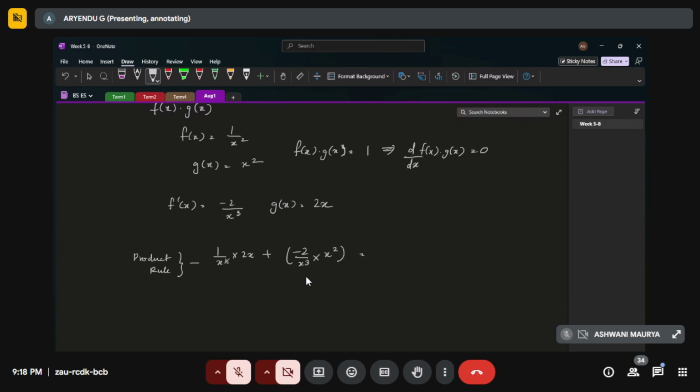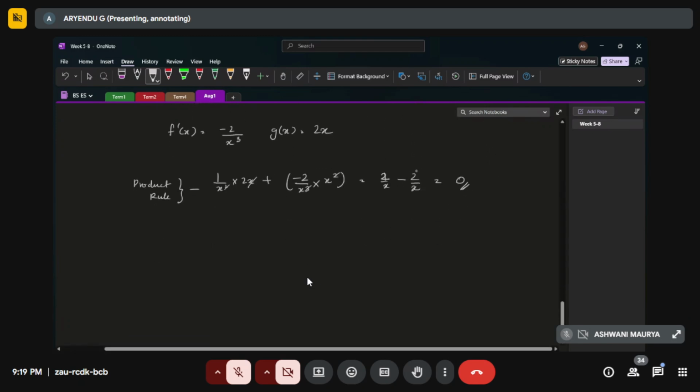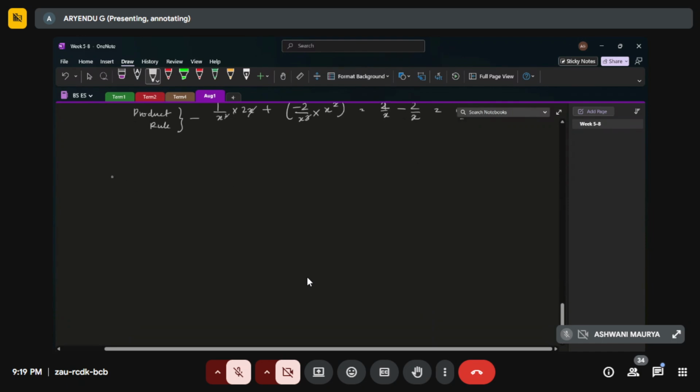And if you do that, you can see that we will get 1 by x minus 2 by x. Where did I make a mistake? Okay, sorry, there is a 2 here. So 2 by x minus 2 by x, which is equal to 0, which is the same thing as we got here without using the product rule. And now we can take the derivatives of some specific functions.